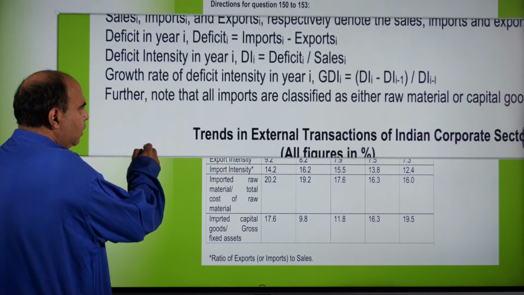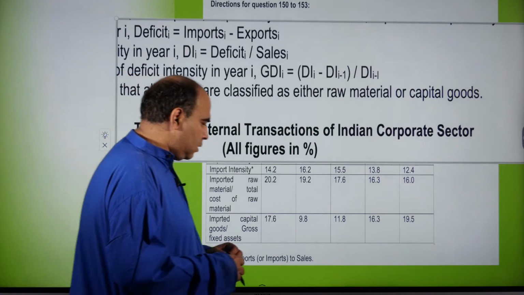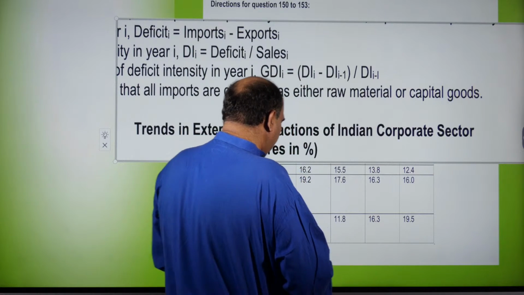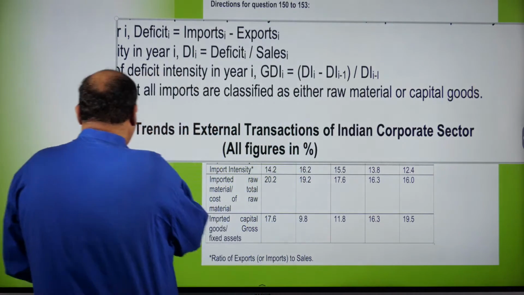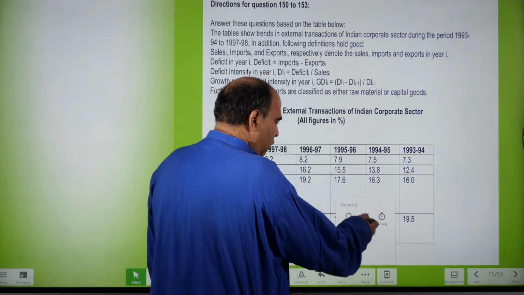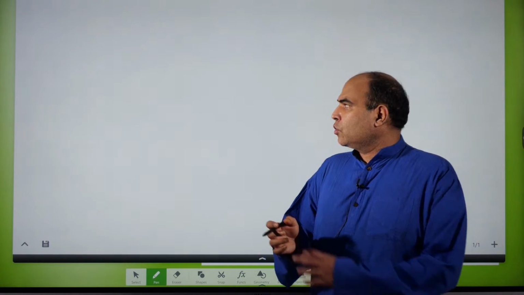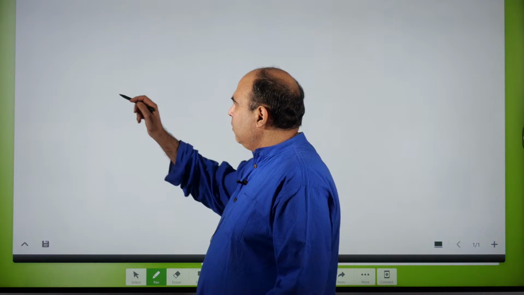Further note that all imports are classified either as raw material or capital goods. So this is the basic information given at this point. To get control of this question, you should know the 6 variables. What are they?